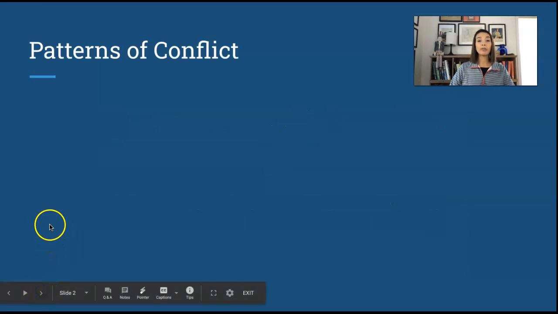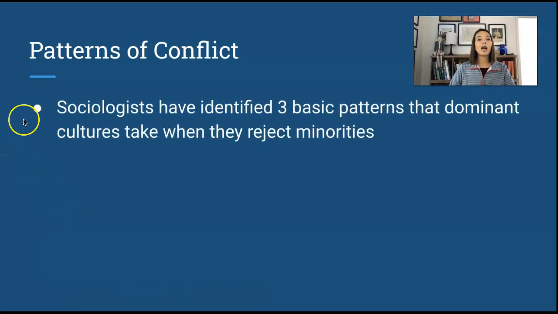Okay, so here we go with the first slide. It was really just introducing you to the three basic patterns. The first one reads that sociologists have identified three basic patterns that dominant cultures take when they reject minorities.